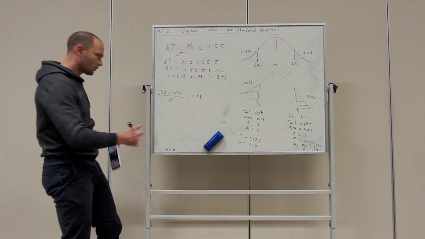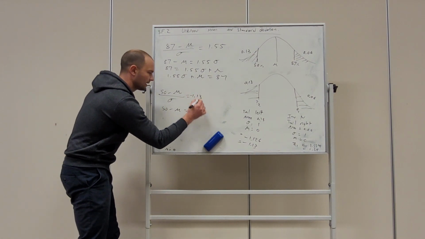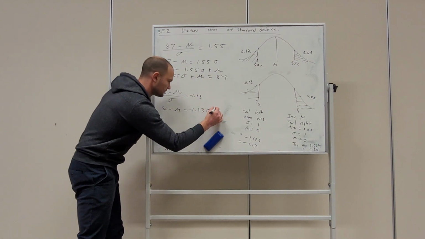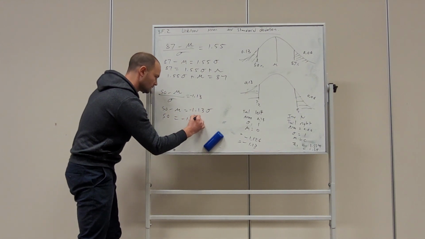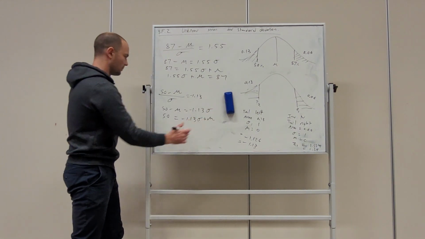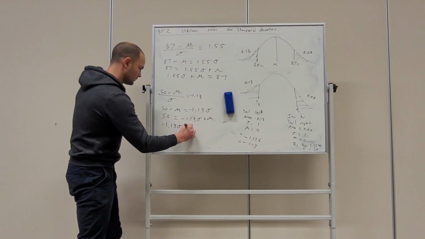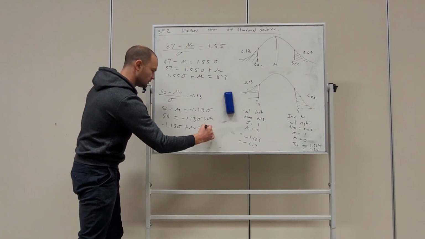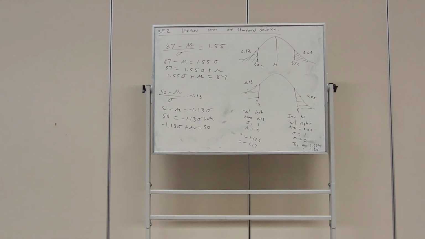We'll do the same to this equation. Multiply both sides by sigma. Now that's a negative. Add the mean to both sides. And then when we put it in our calculator, we'll reverse it. Okay, so we've got both equations ready to go into our calculator.